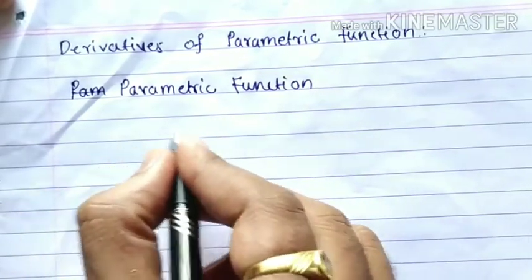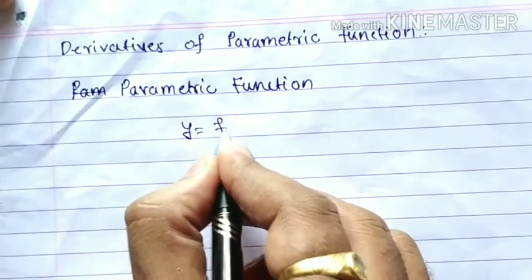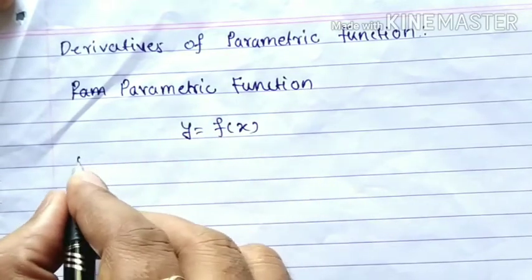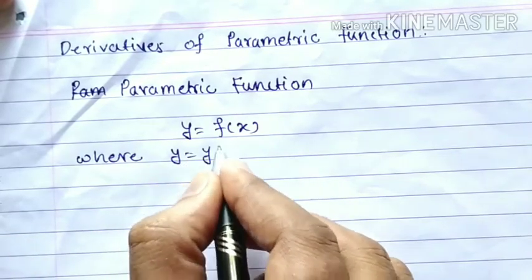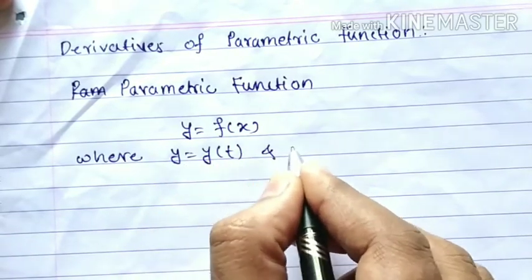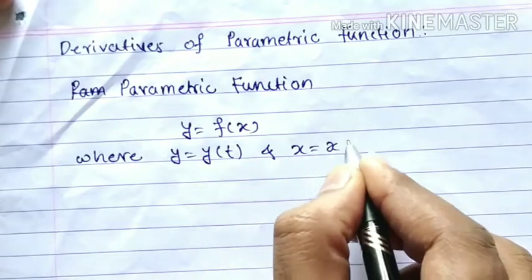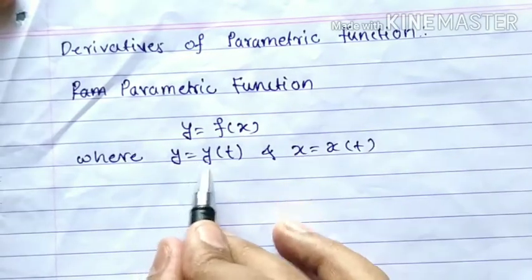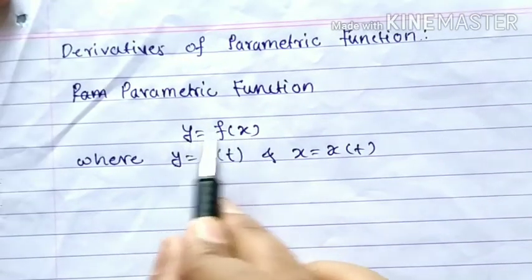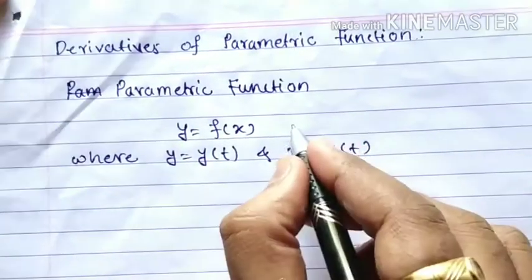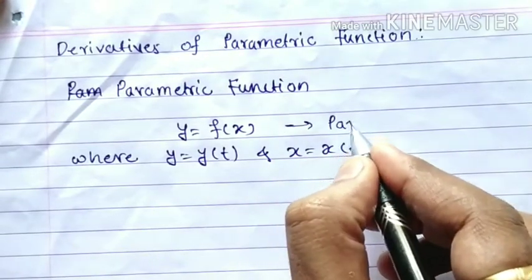When y equals f of x becomes a function where y can be written in terms of another variable, suppose t, and x can also be written in terms of t, it means that y is a function of t and x is a function of t, but there is a relation between y and x. This function is called a parametric function.